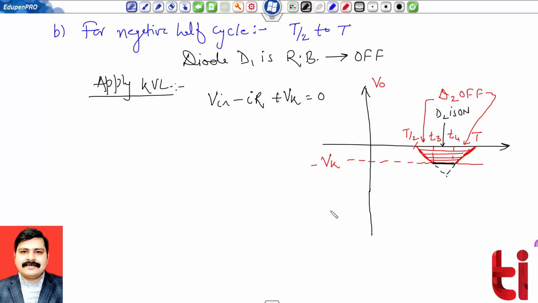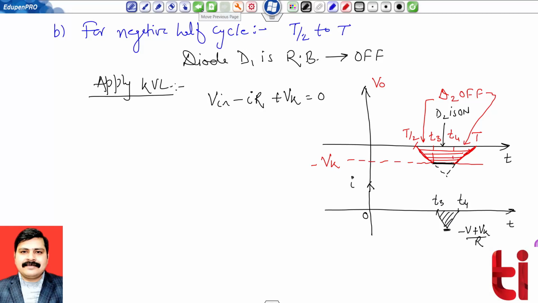Similarly, I can draw the waveform of current also, and the waveform of current will be available from T3 to T4 only. This is the value of current and the peak.